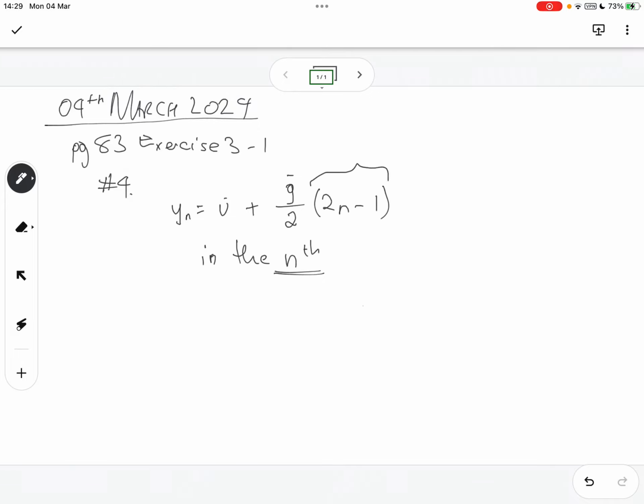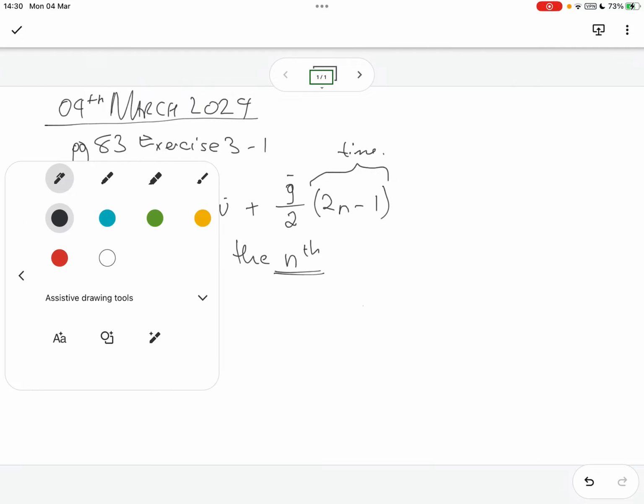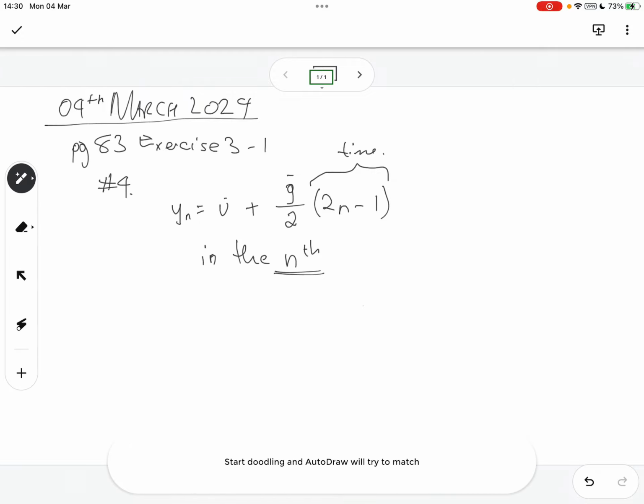That's initial velocity. And then we don't have time. Acceleration due to gravity. Acceleration due to gravity. And this, I guess, is time. This is time, yes. I just want to understand also where the 2n minus 1 comes from.